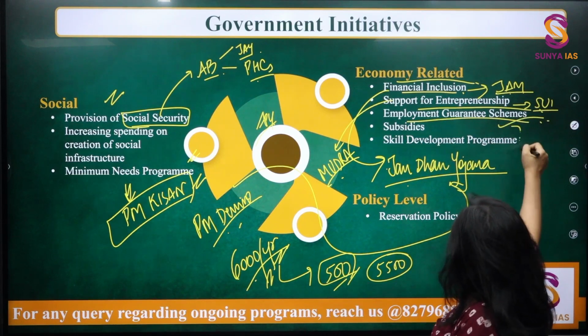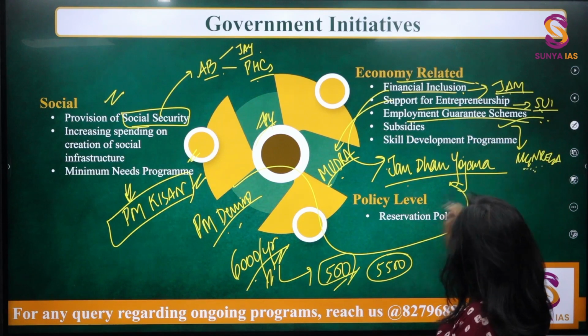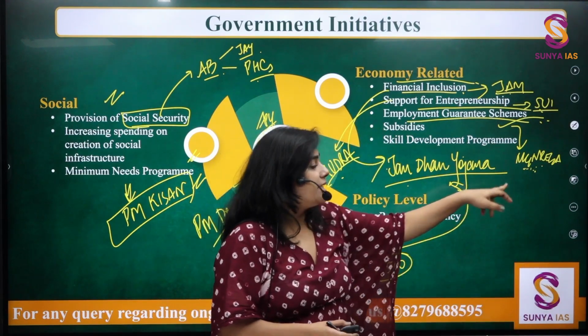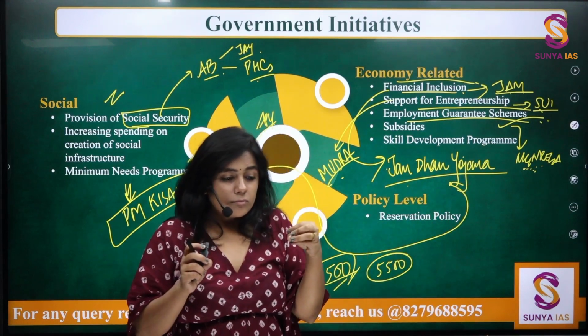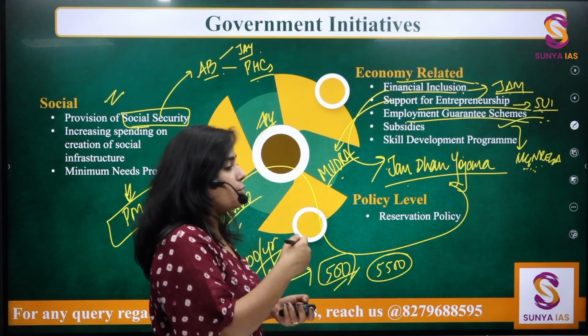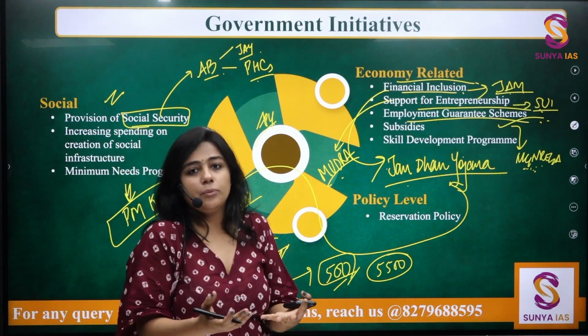Employment guarantee schemes like MGNREGA are there, and the best part about MGNREGA is that it is a demand driven scheme, right? If you demand work, if you are a rural unemployed youth, if you are demanding work, you will get that work. Okay.